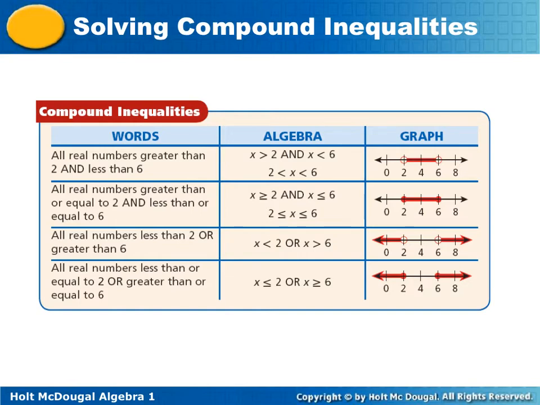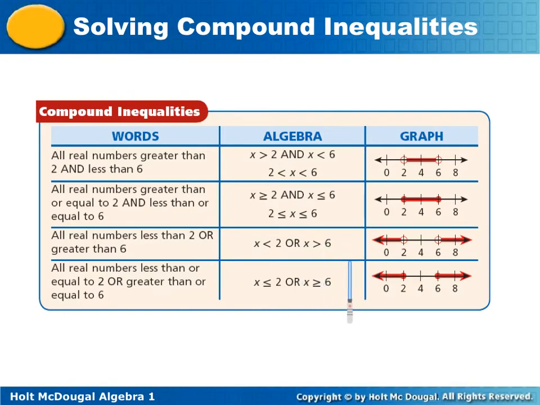Okay? Now, the other way you could see compounds written is it could say all real numbers less than 2 or greater than 6. So now when you look at this, you've got x is less than the number 2 or x is greater than the number 6. If you went to write these and try and put them together, it would not work because you'd end up with x is less than 2, so the x would be on the outside, but then x is greater than 6.